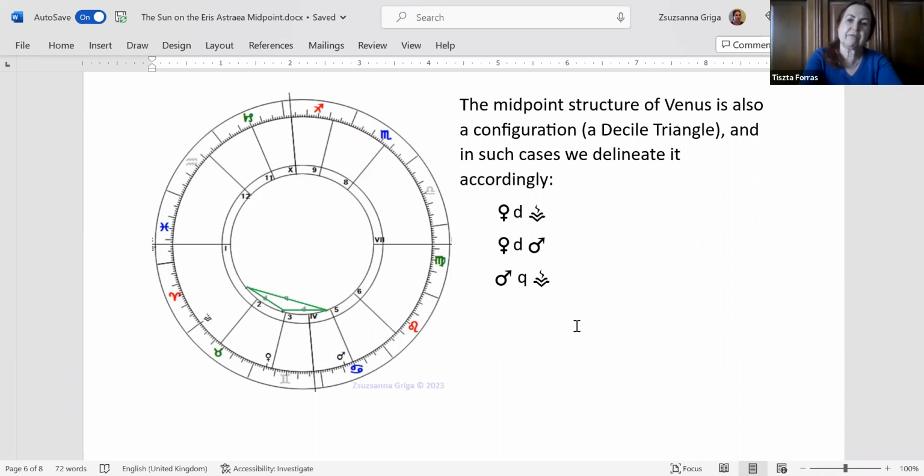In the case of the quintile series, what's really fascinating is that no matter how many quintiles, deciles, biquintiles and trideciles you have, those are the main four aspects of the quintile series, which always denote various types of talent and professionalism.